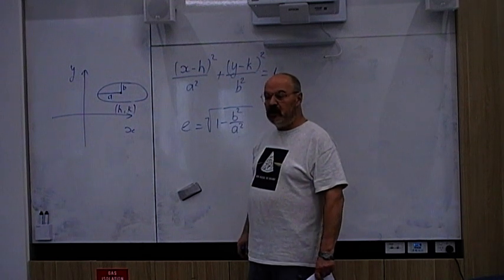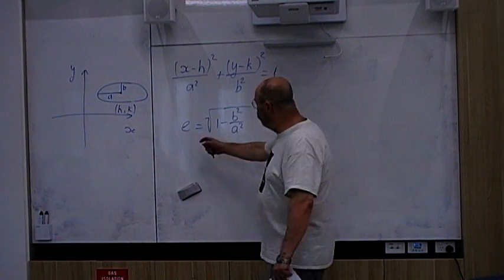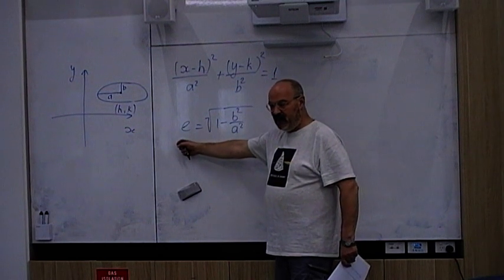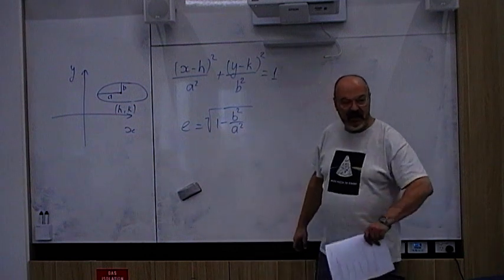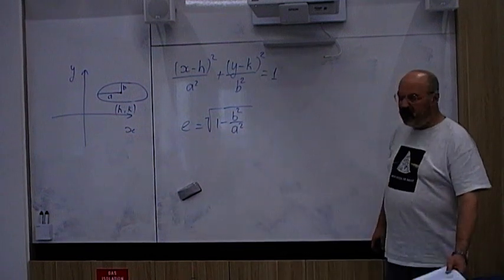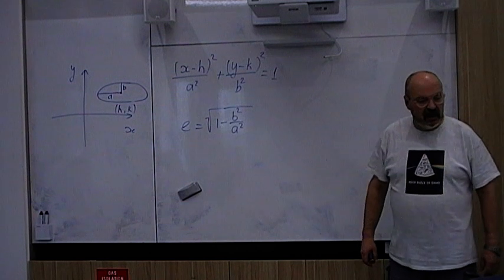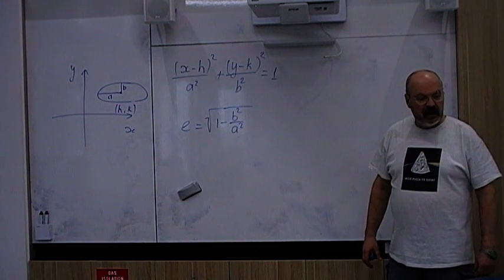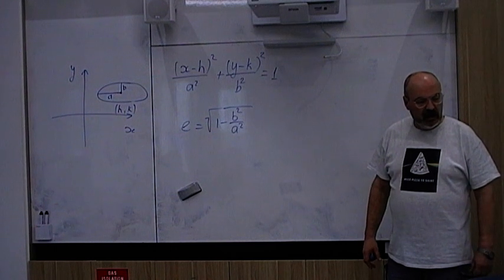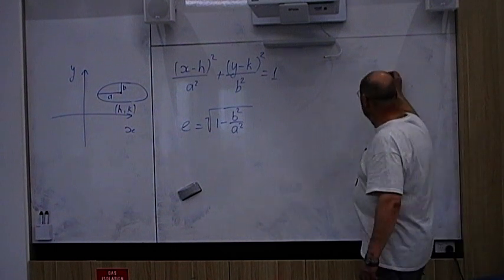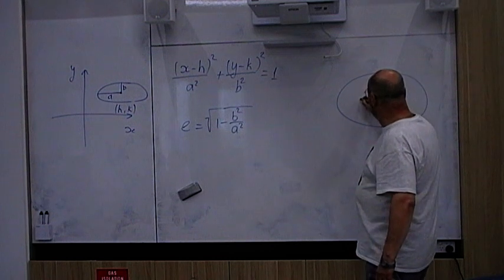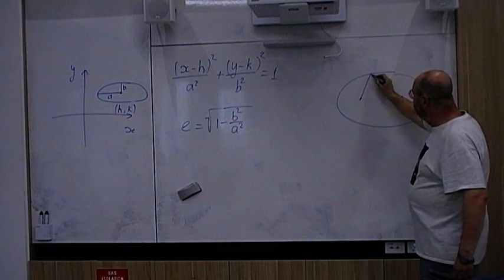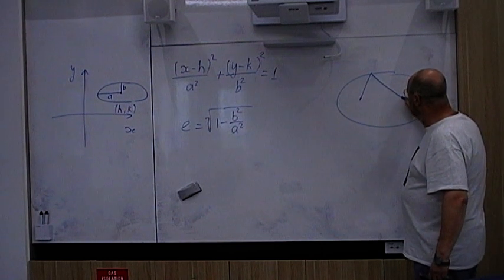How do we define the focal points? Ellipse is a locus of points, the sum. So we have two focal points. How do you find where they are? Are they given? Yes, you're given.